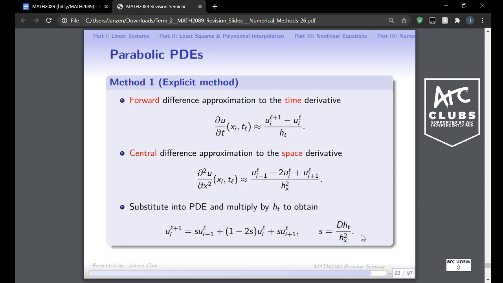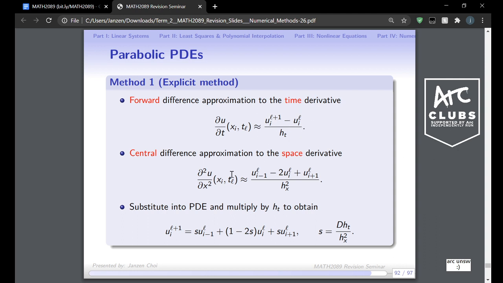So for parabolic PDEs, the explicit method to approximate parabolic PDEs, we are using both the forward and central difference approximations to approximate the derivatives. Since the time derivative is first order, so delta U and delta T, we will use the first order forward difference approximation.